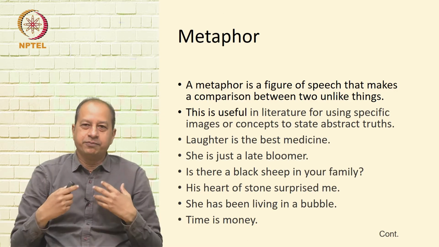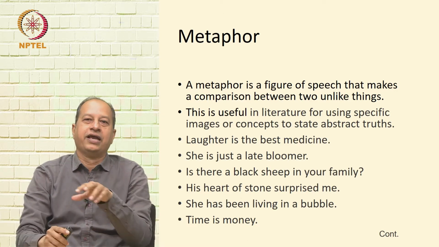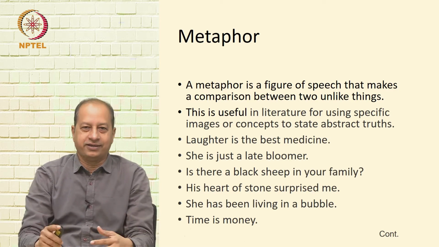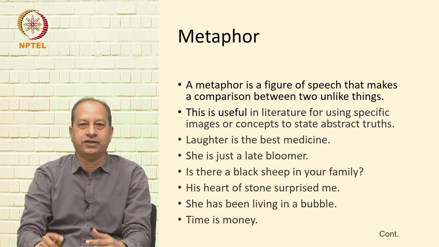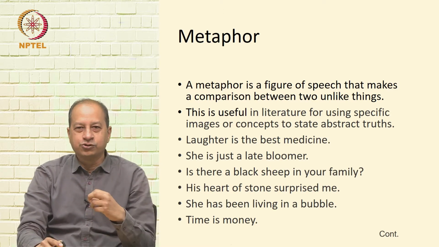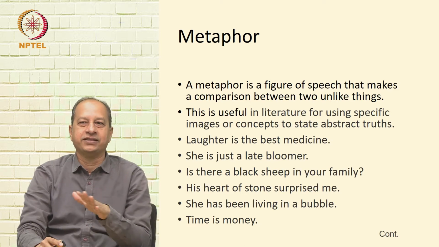So I'm offering a comparison between a human and the animal that are very, very unlike, dissimilar to each other. But when I offer this comparison, I'm trying to draw some similarities between them.